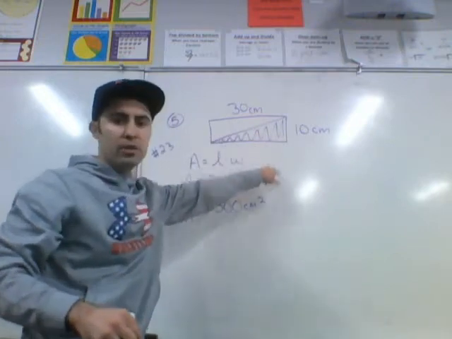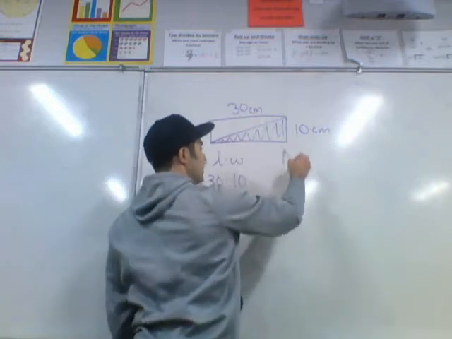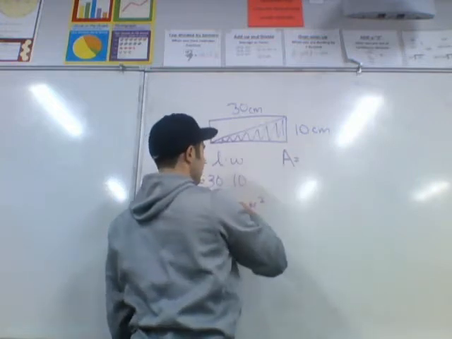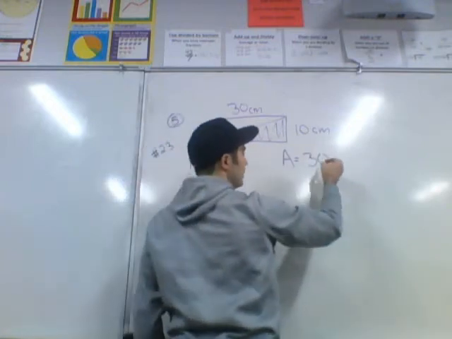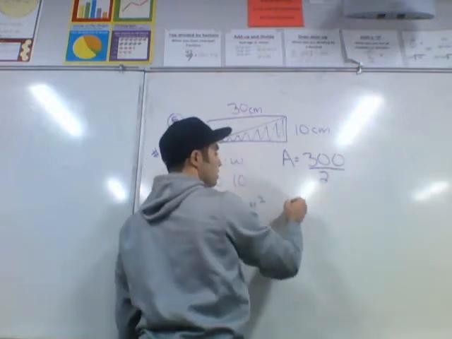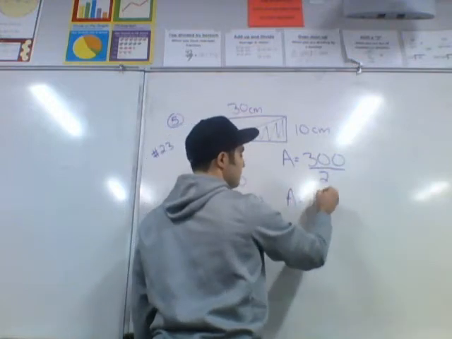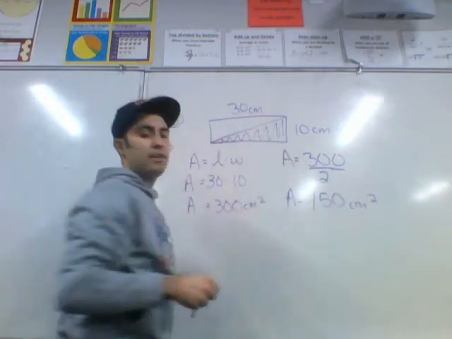It is a triangle, okay? So this triangle is half of the whole rectangle. So your area is going to take the whole area of the whole rectangle, and divide it by 2. Okay? So 300 divided by 2 is going to be 150 centimeters squared. That is the area of the shaded region.